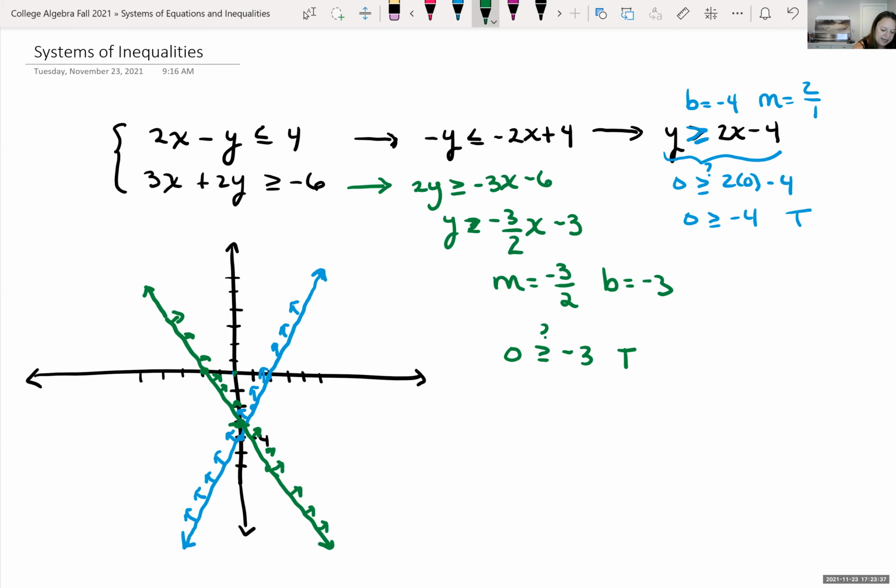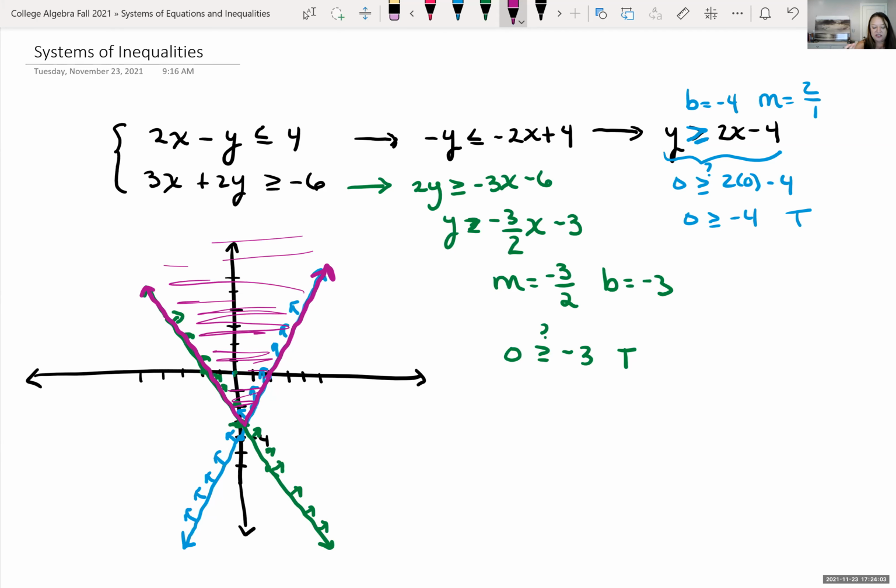The solution set is what they share in common. Our solution set is going to be this upper V. So any point on the line up here and up here, and everything where they have the shaded region in common, everything inside of this V shape going on forever.